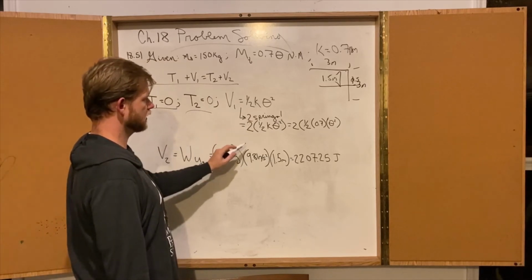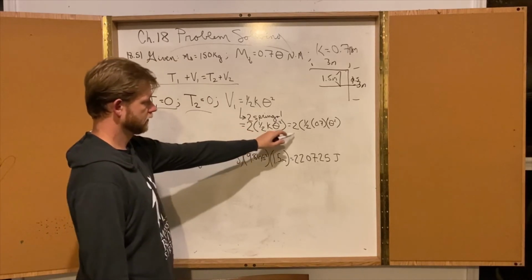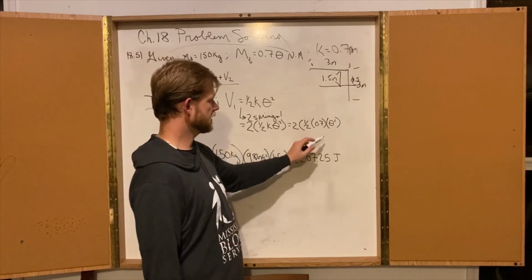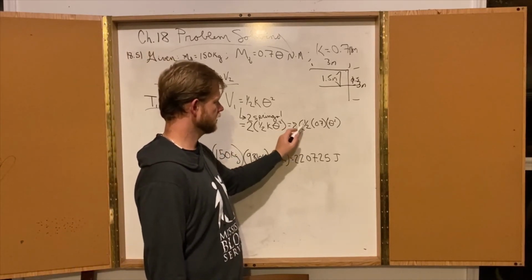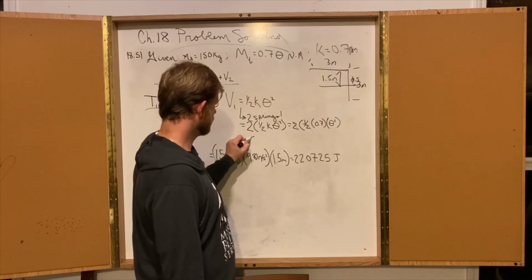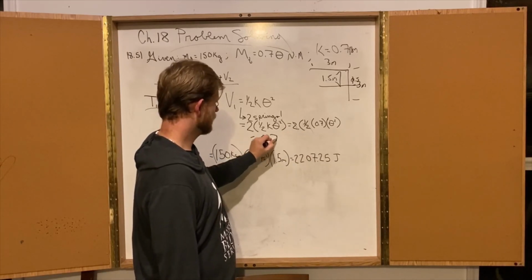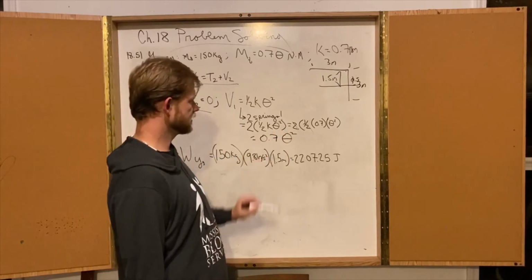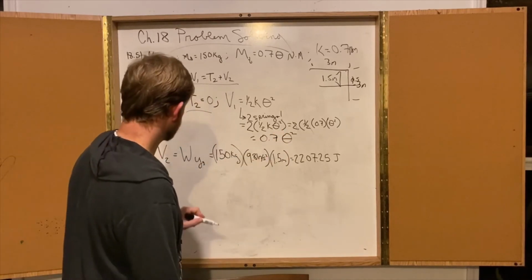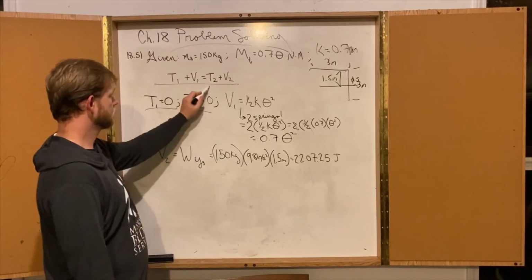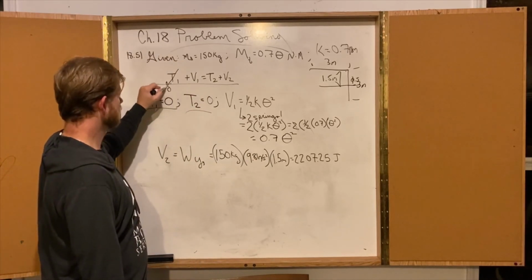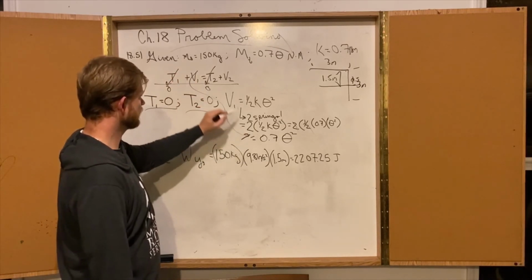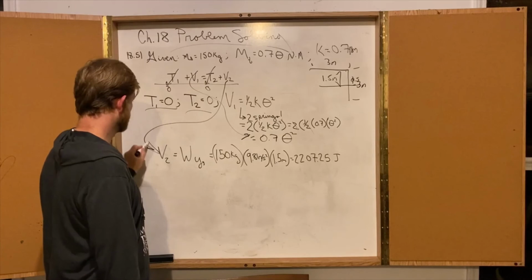We have 2 springs, so it's going to be 2 times 1/2 K theta squared. If our K is 0.7, the 2 and 1/2 cancel out, so V1 equals 0.7 theta squared. V2 is 0 for the spring, and one value is left.